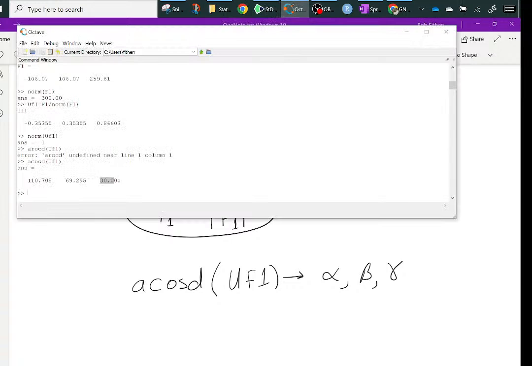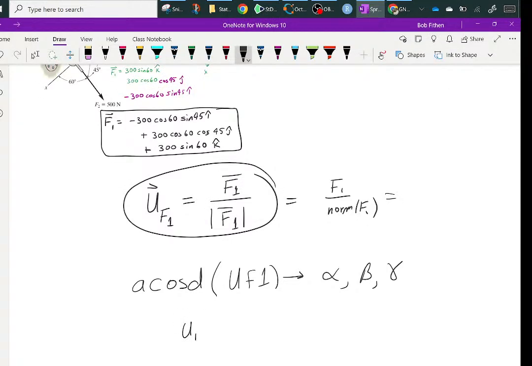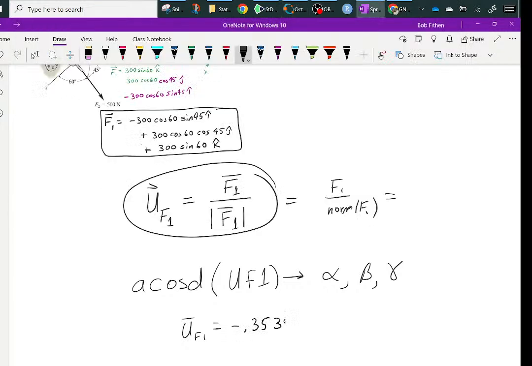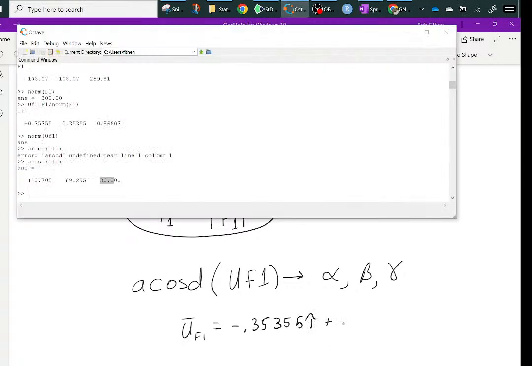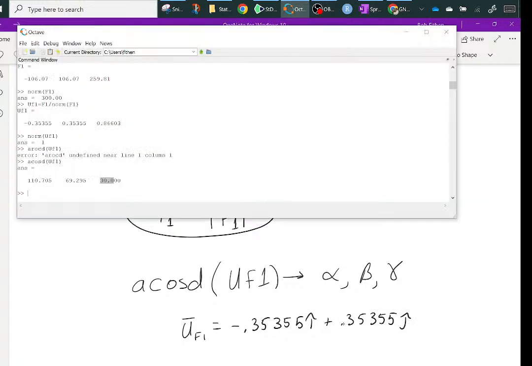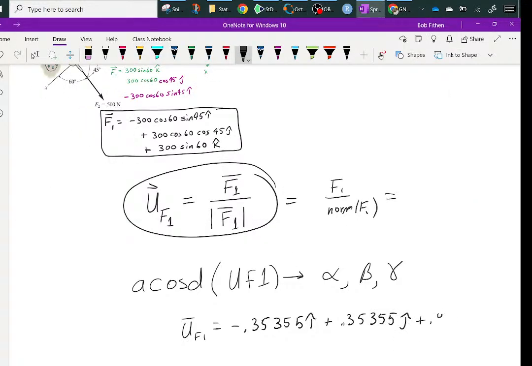You would just go in and say UF1 would be minus 0.35355i plus 0.35355j, and then plus 0.866k.